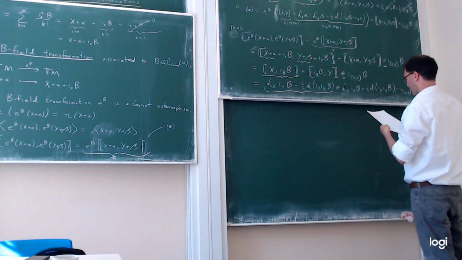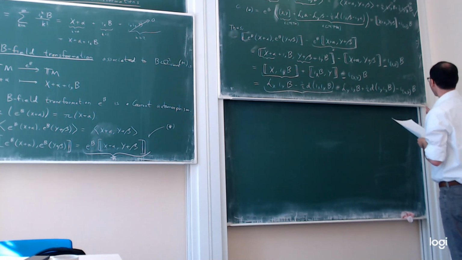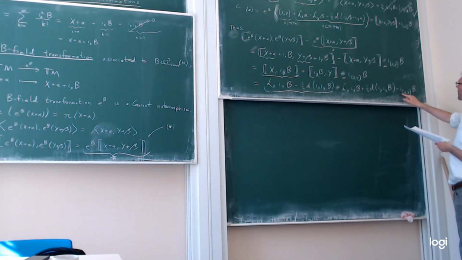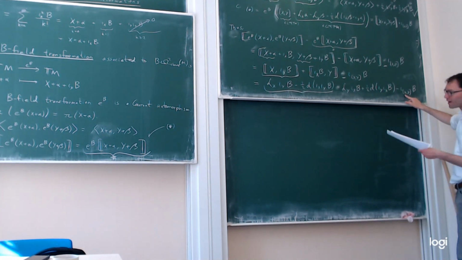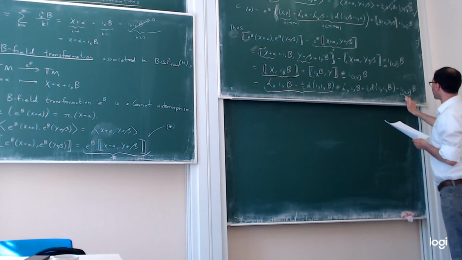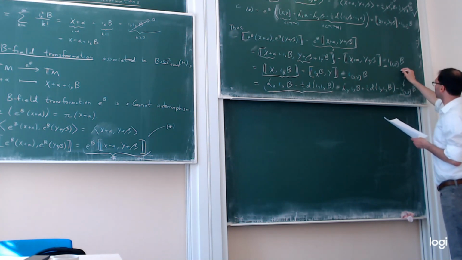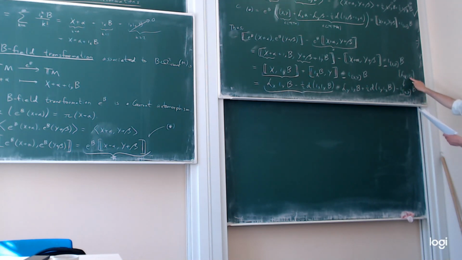And this looks pretty terrible, but we're going to clean it up. We're going to do that by recalling that the interior product of the Lie bracket of two vector fields applied to a differential form is the commutator of the Lie derivative of the first vector field and the interior product with respect to the second vector field applied to that differential form.